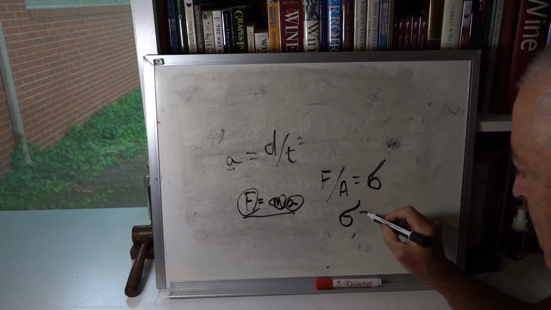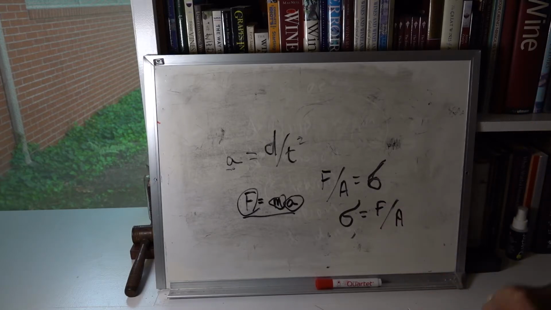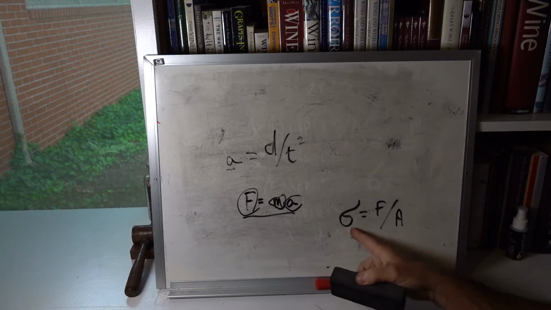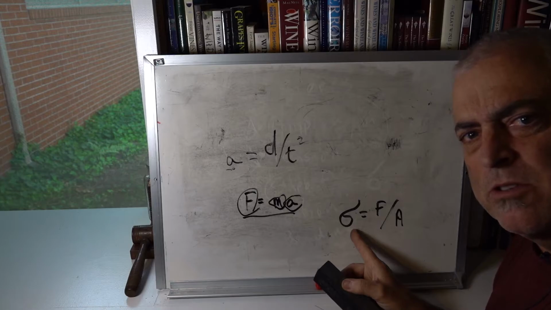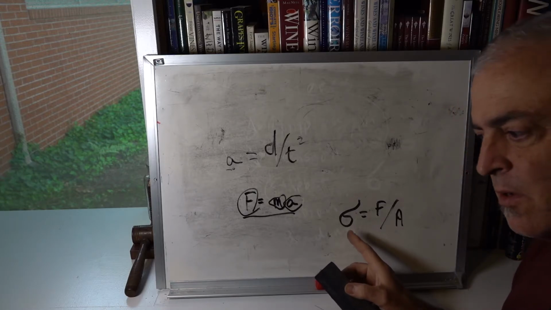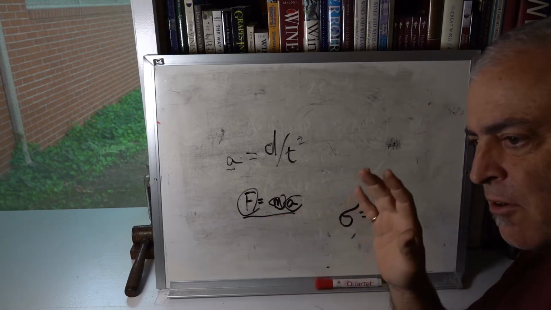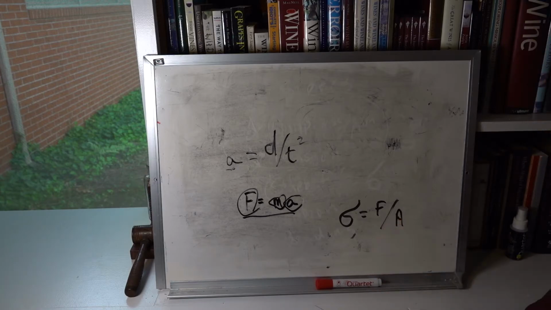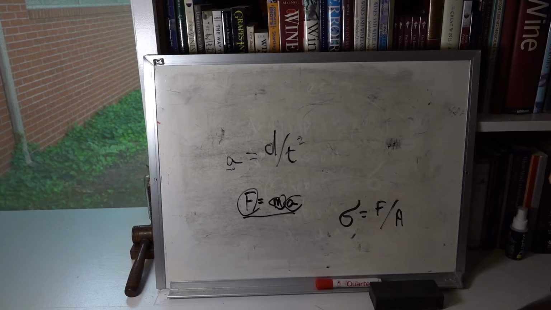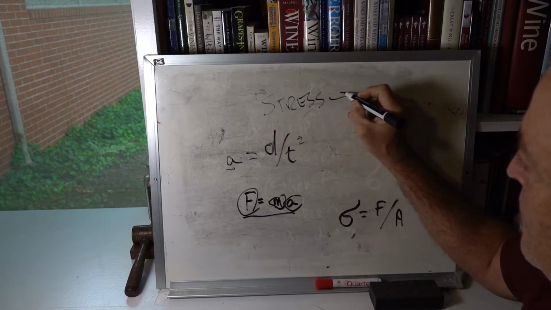That's the sigma right there, equal to force applied to an area. That is what we call stress. It is equivalent to something we also call pressure. If you apply pressure to something, you're pushing against it. You're applying a force against a certain cross-sectional area. Stress can lead to strain.